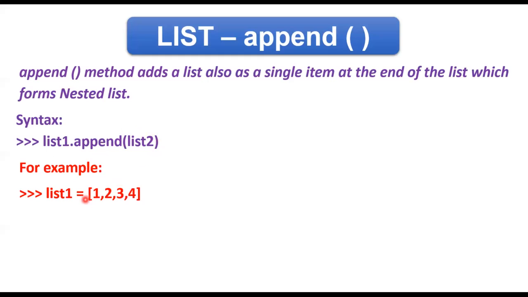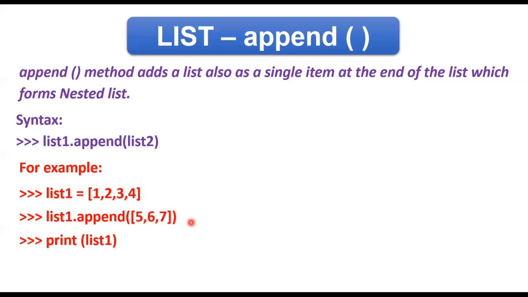For example, this is my list1 having 4 elements. list1 dot append. Now, inside my append function, I am passing one list of 3 elements. So my print function is going to return me the nested list. The elements 5, 6 and 7 are not going to be added as elements after 4, but these elements are added in the form of a list.